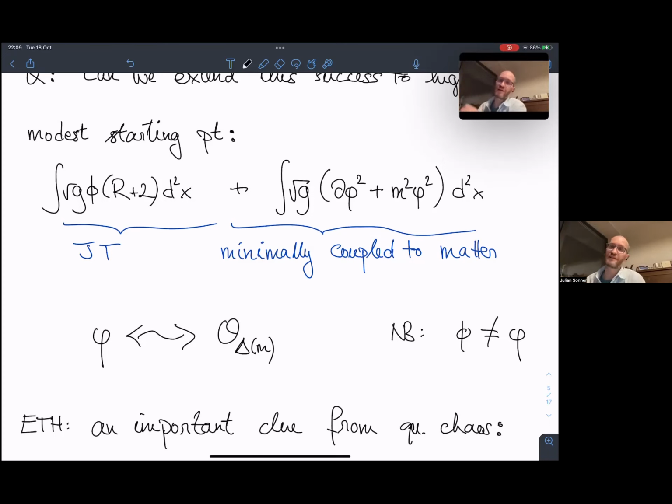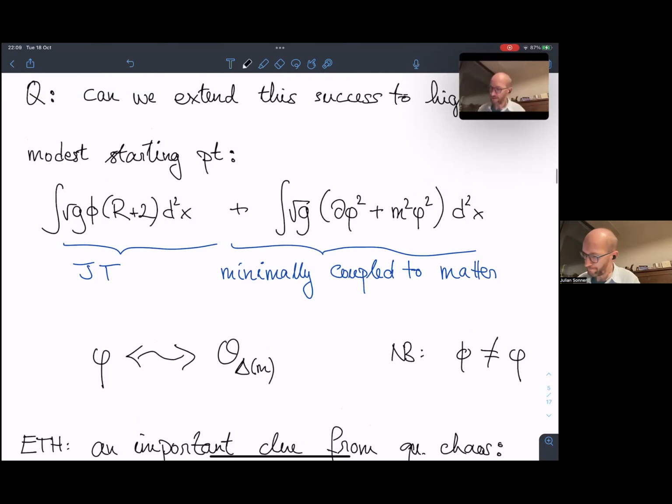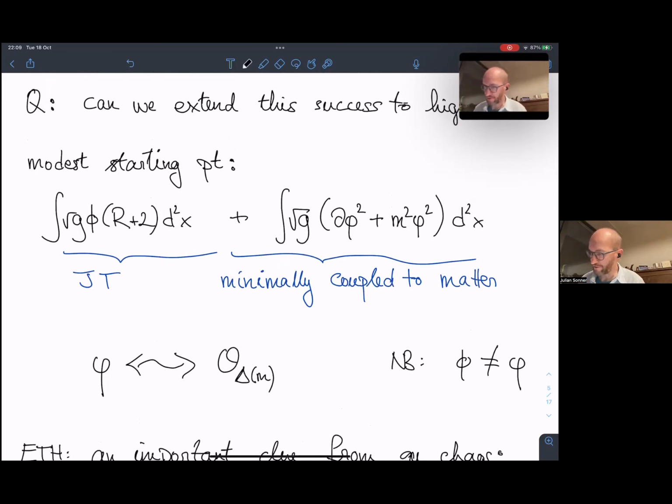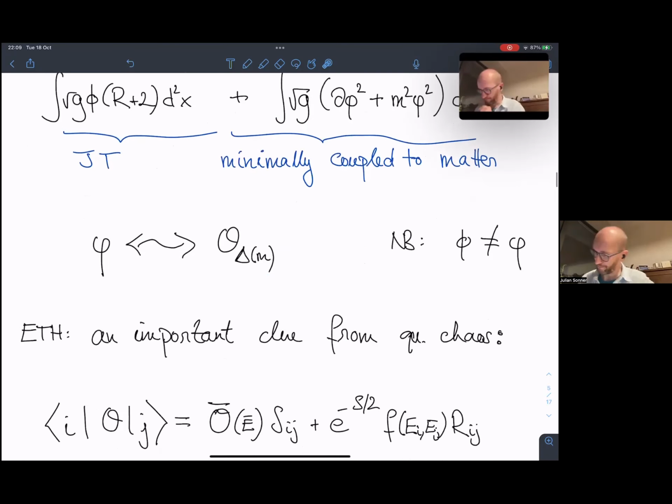For example, if I had a high dimensional theory and I would Kaluza-Klein reduce it down to lower dimensions, what I would get is the gravitational theory plus a bunch of scalar fields. And so the first way of abstracting that setup is, let's take JT and add an actual scalar matter field to it, which we can take to be a minimally coupled scalar field, where, of course, this scalar field varphi in the AdS/CFT sense should be thought to be dual to some operator O with the conformal dimension delta that is determined by its mass.